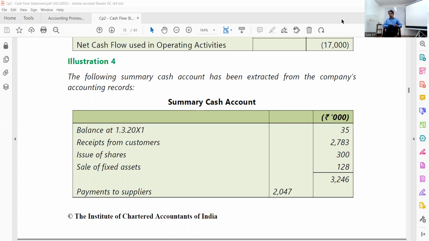Next. Receipts from customers. But I want people to mark over there.